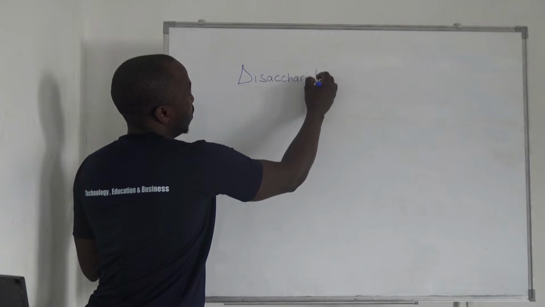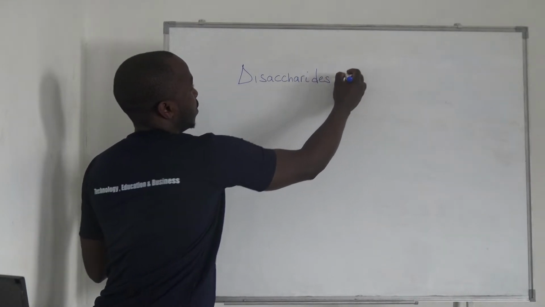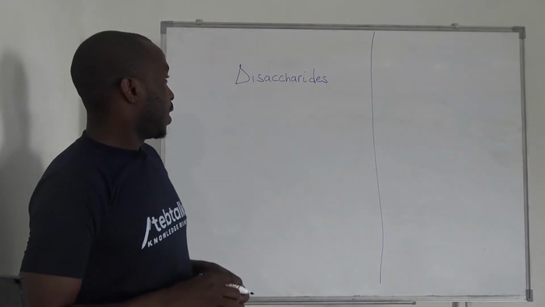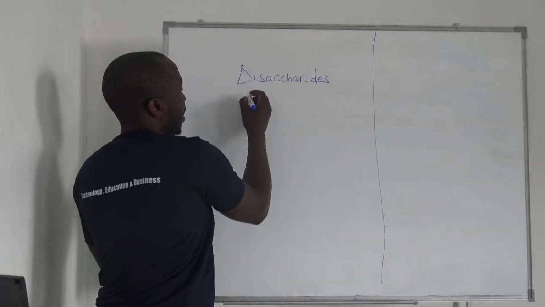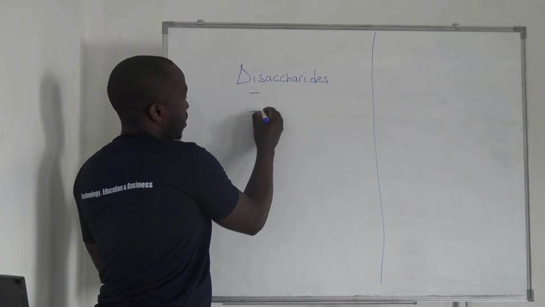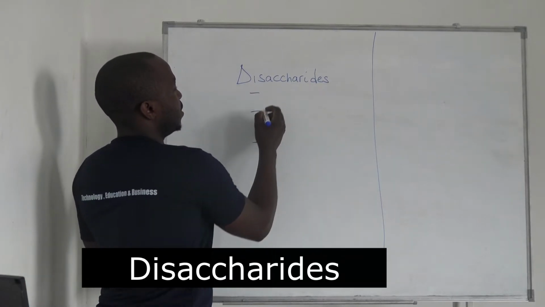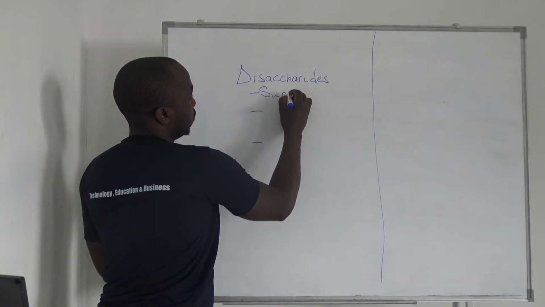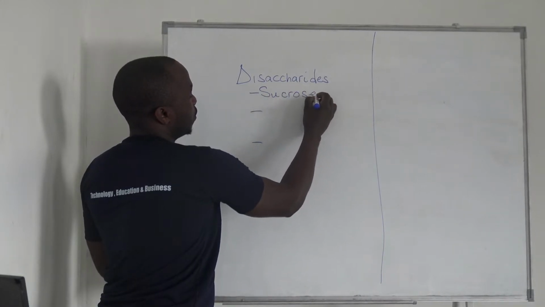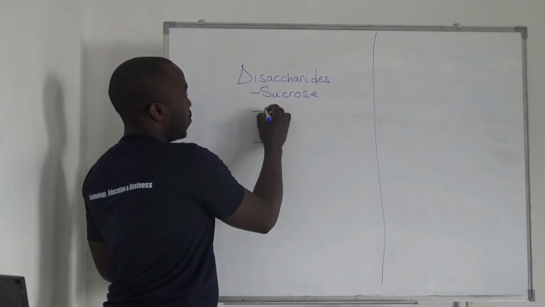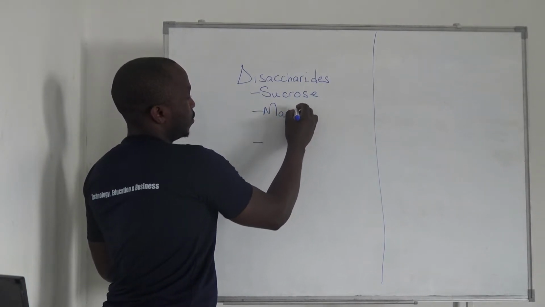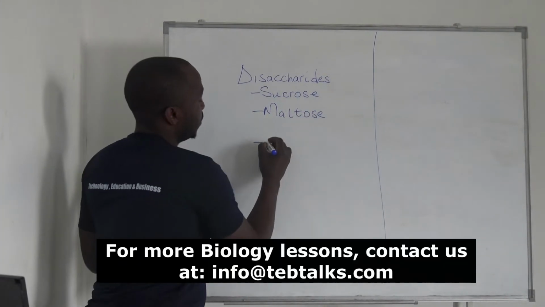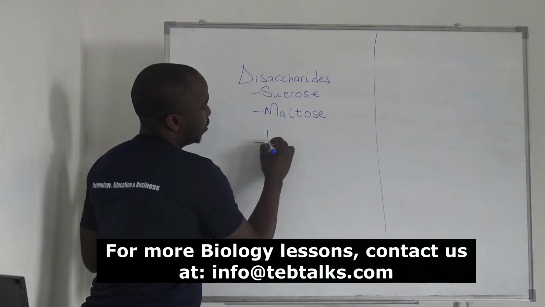So far we are discussing that, and among disaccharides, the three most common disaccharides are sucrose, maltose, and lactose.